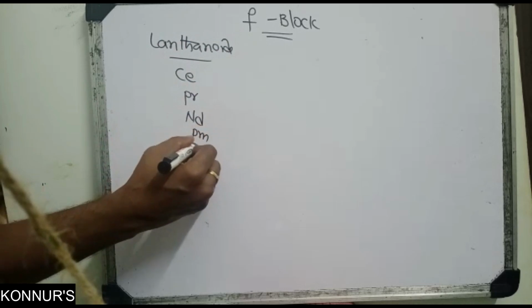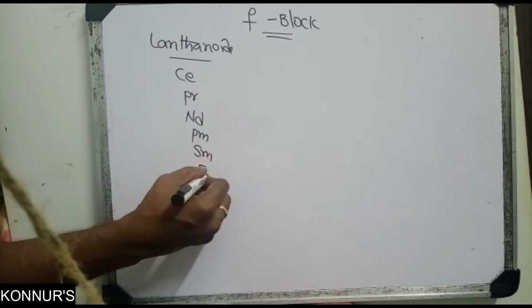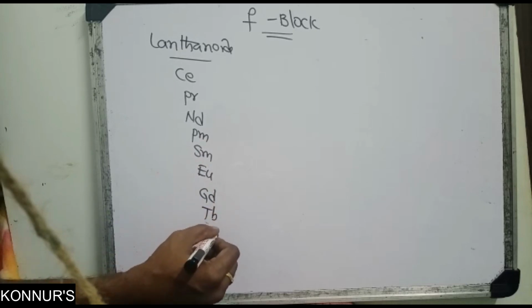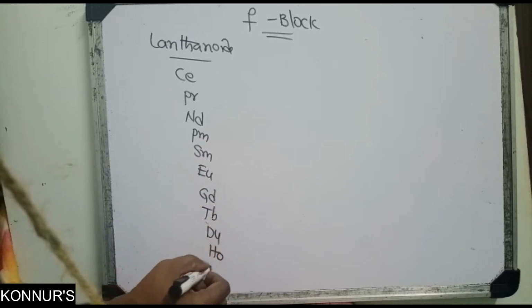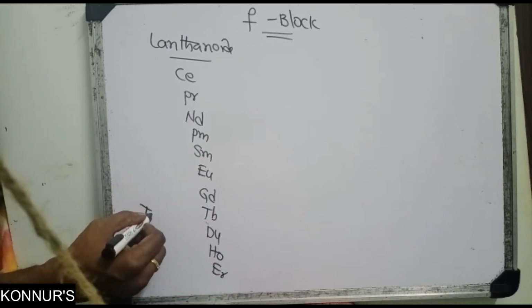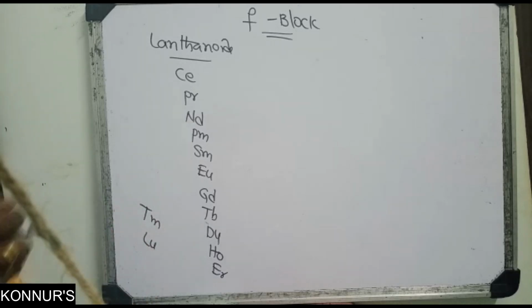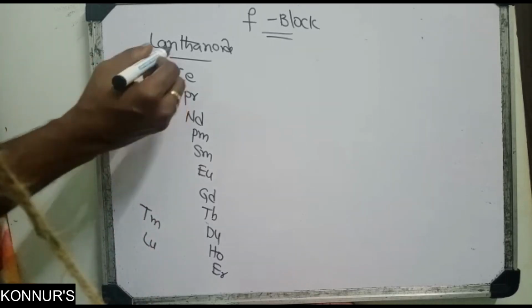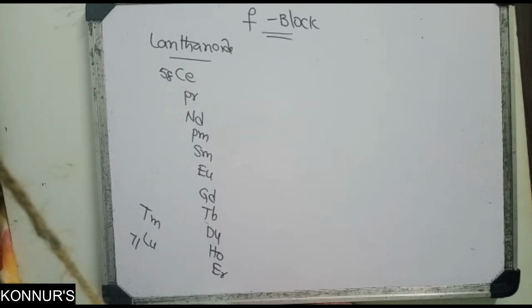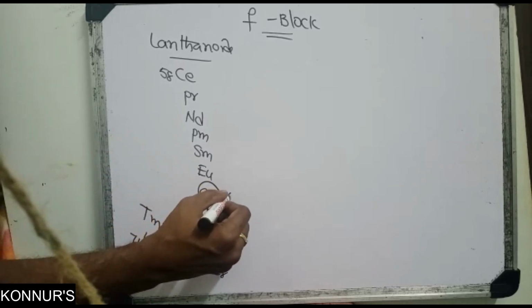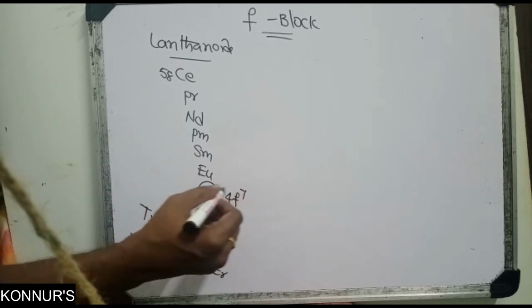Cerium, praseodymium, and so on, up to lutetium. See, it is what? 58 to 71. Suppose you write electronic configuration, so gadolinium. It is what? 4F half filled.